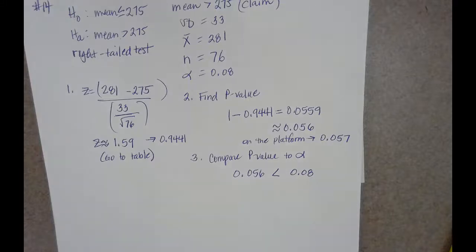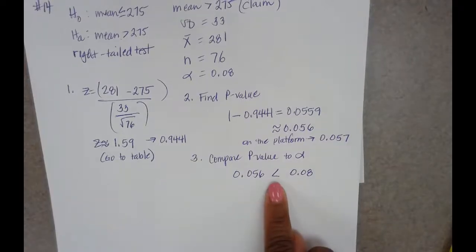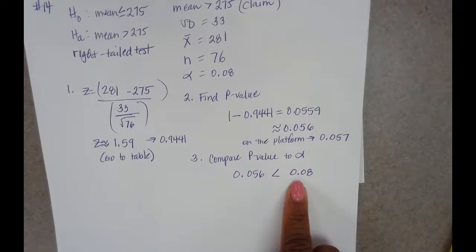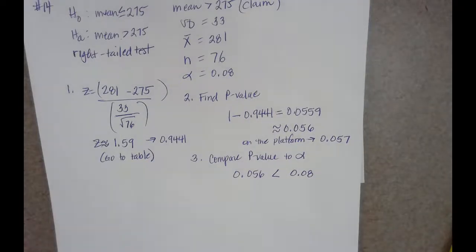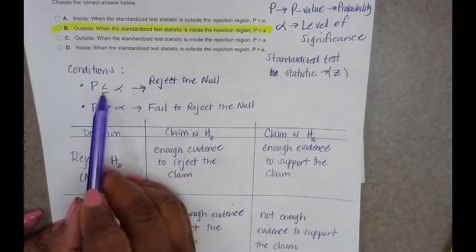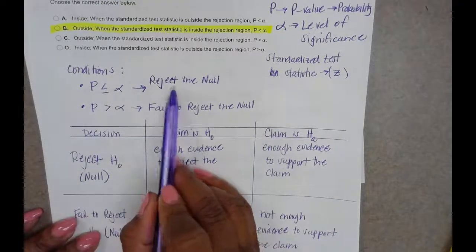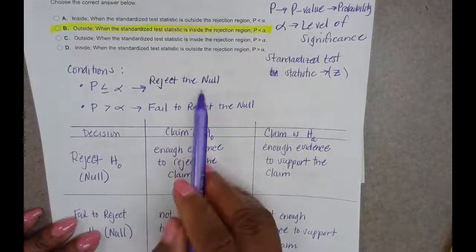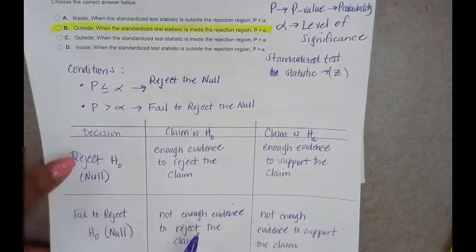So now I go to my table and think about what we have. First thing, all right, let's put it all together. The p-value is less than the level of significance. That's the first condition. We know that when our p-value is less than the level of significance, we reject the null. So that means I immediately go to this decision.